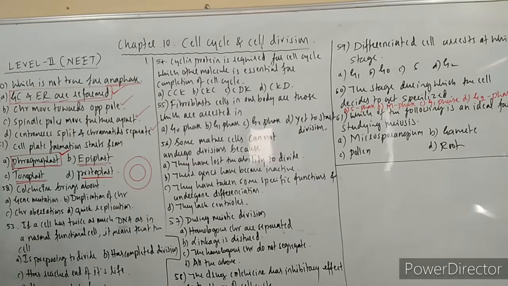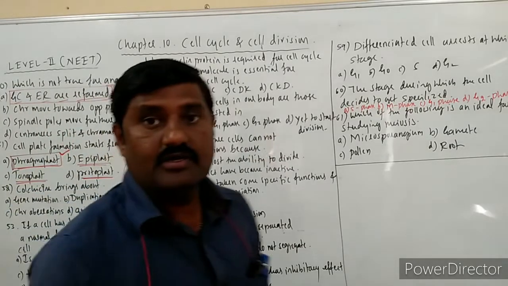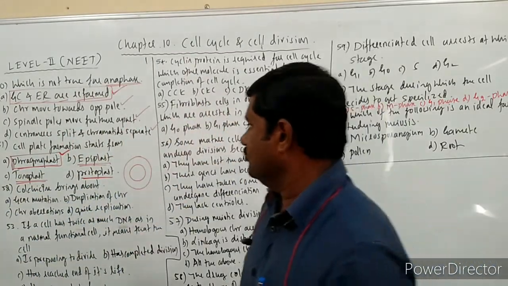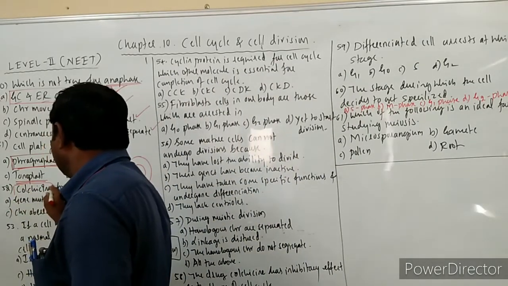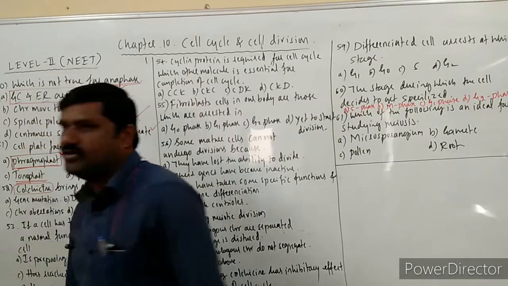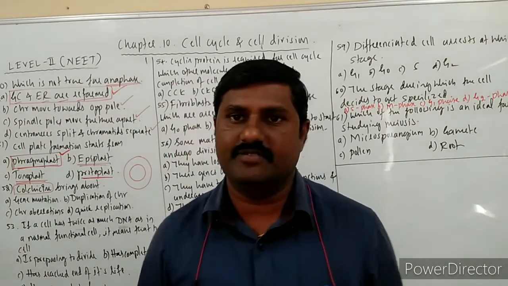Next question: colchicine brings about. The options are gene mutation, duplication of chromosomes, chromosomal aberrations, quick replication. Colchicine inhibits the synthesis of microtubules during cell division.